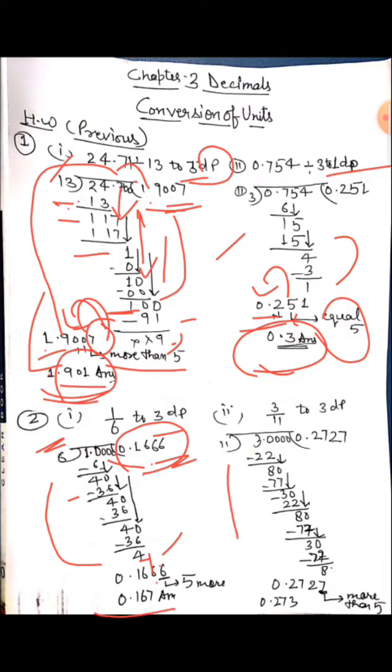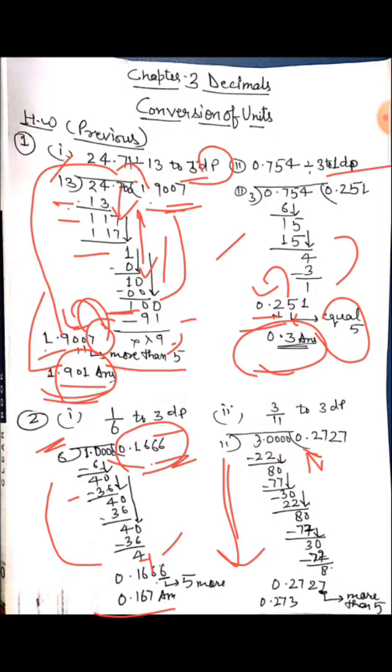Now same as this, the question 3 upon 11 to 3 decimal places. For 11, after the decimal we can take 3 or 4 zeros. Then after the division, we write the decimal point in the quotient.